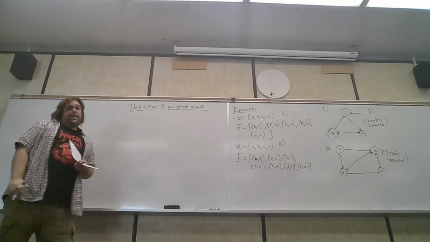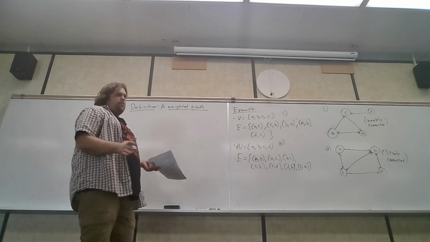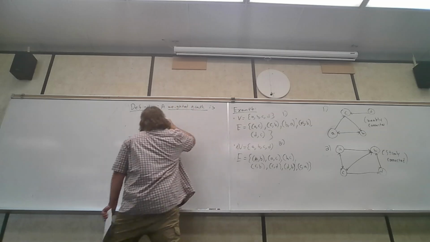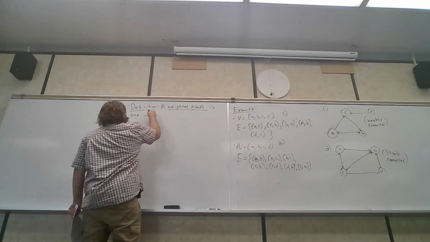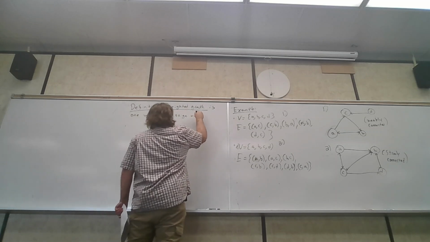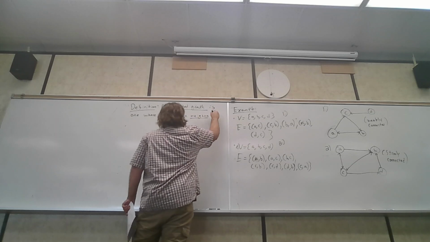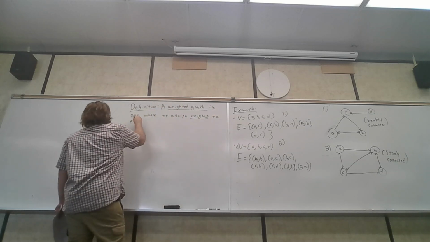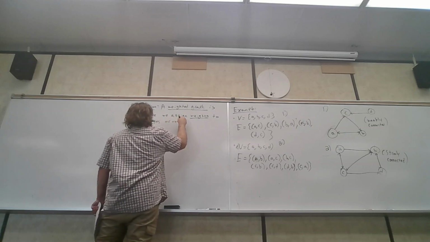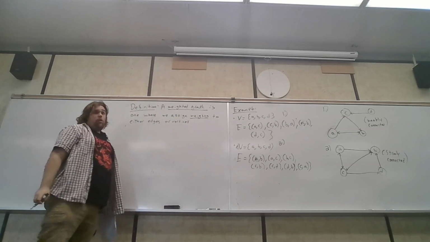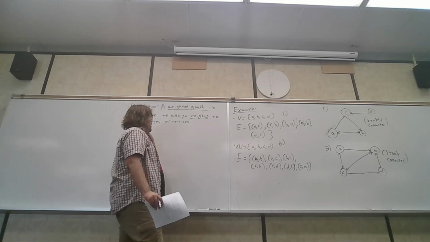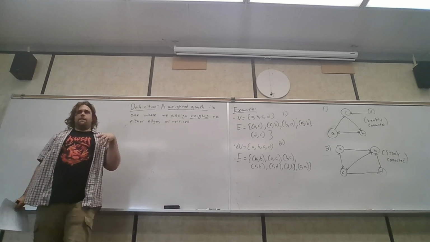A weighted graph, as the name kind of implies, is one where we just assign weights to either edges or vertices. And you could do both. You could do either.